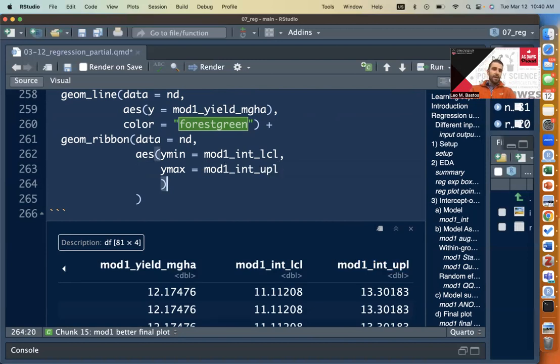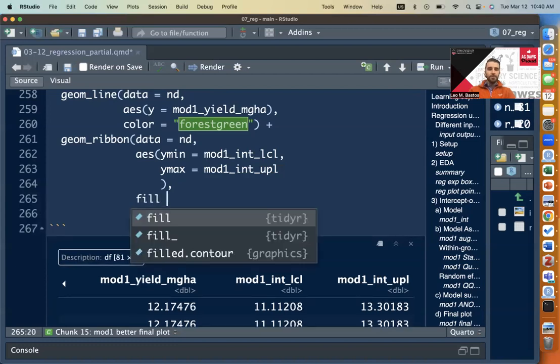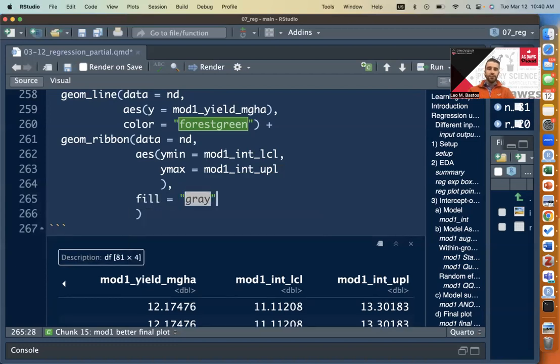I want to get outside of the AES, so make sure that you are after the parentheses that closes AES. You can check that by the blinking parentheses if you toggle or move around it. I want to have the fill to be equals to gray. So just doing some small changes here.